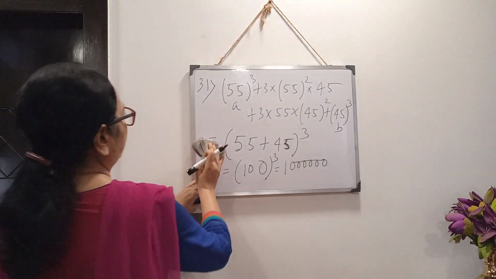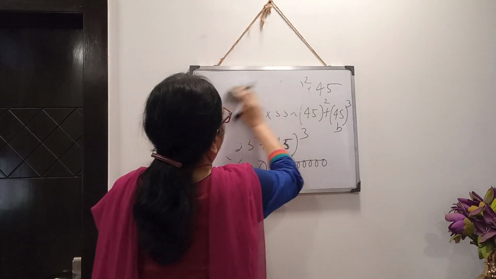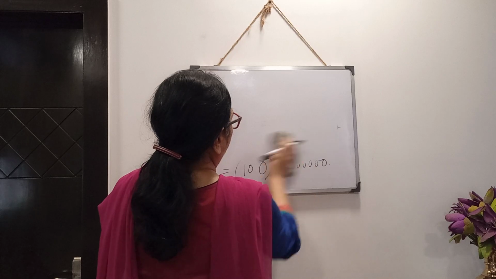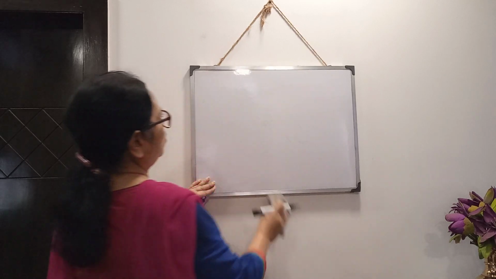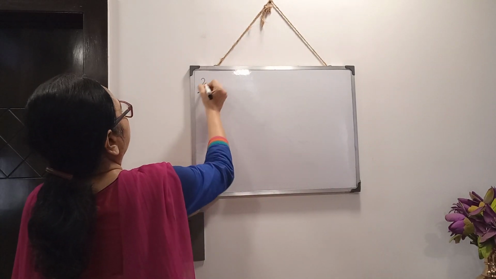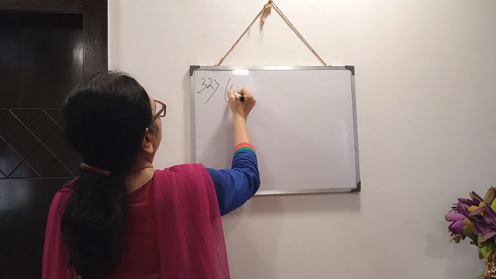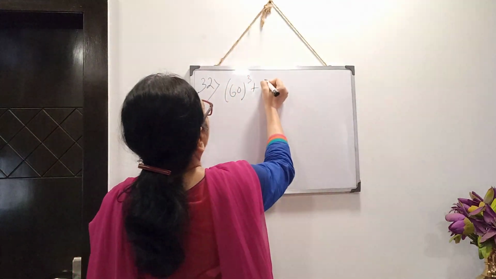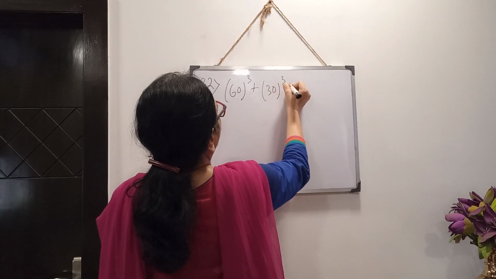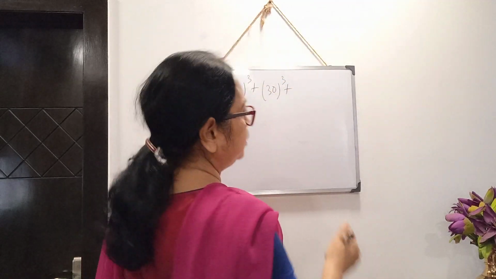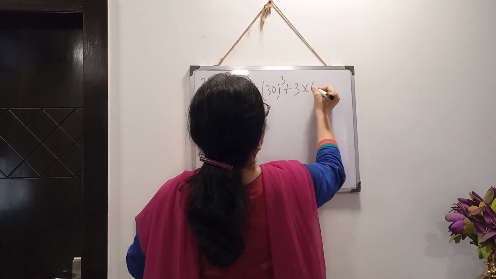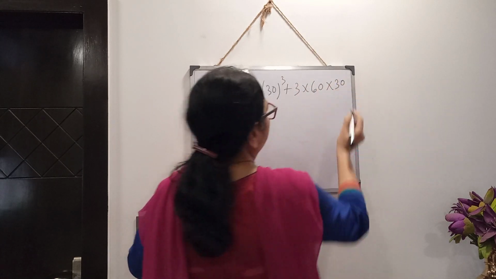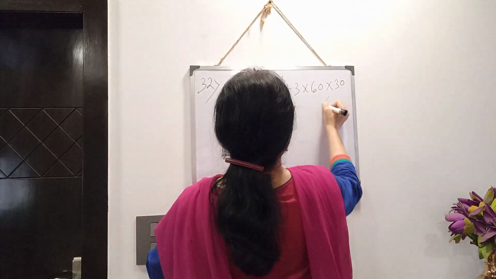It is given. Okay, number 32 I am doing, that we have to do by the second form of the formula. 32: 60 whole cube plus 30 whole cube plus 3 into 60 into 30 into 90.